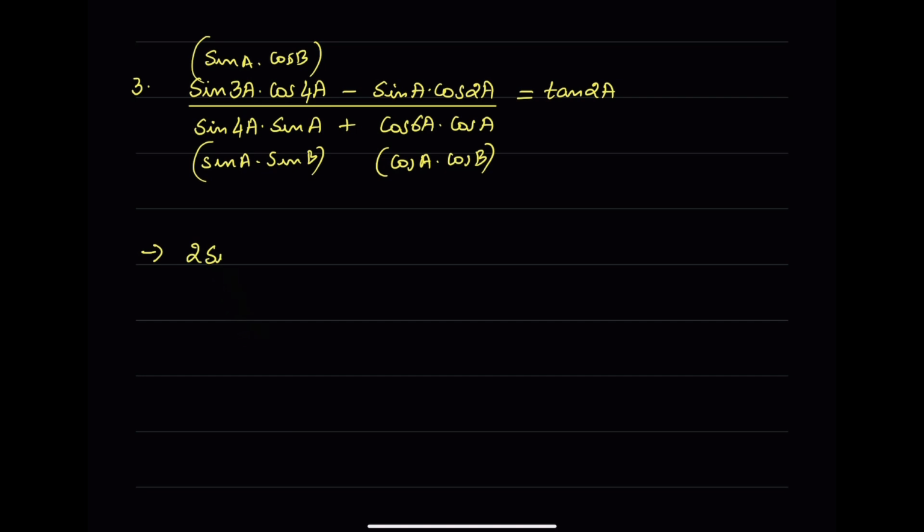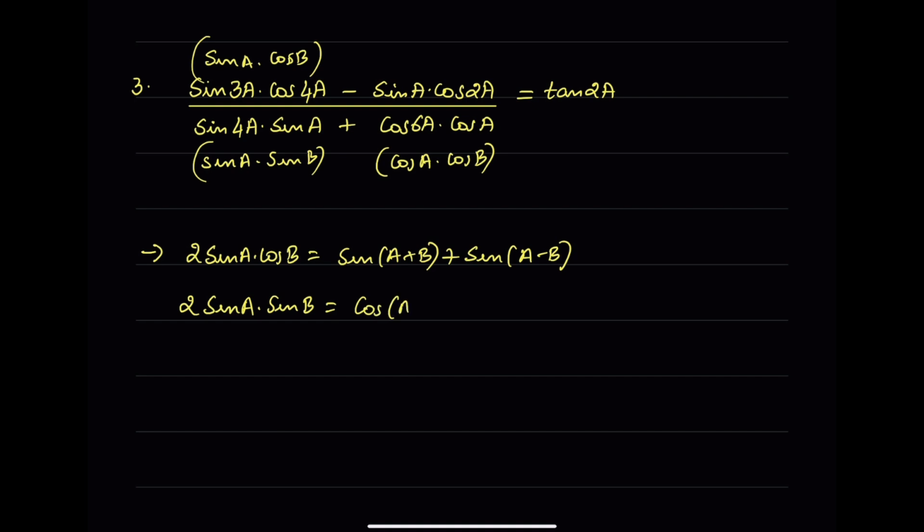So we are going to use three formulas, which are, first one is 2 sin a cos b, which is sin of a plus b plus sin of a minus b. Now the other formula we are going to use is 2 sin a sin b, which is cos of a minus b minus cos of a plus b.